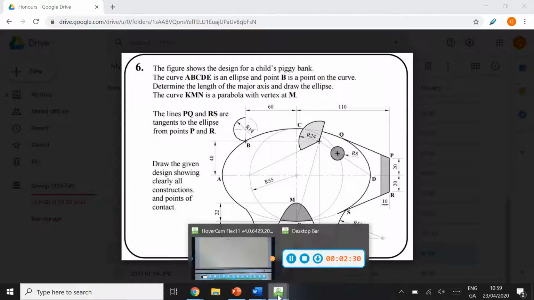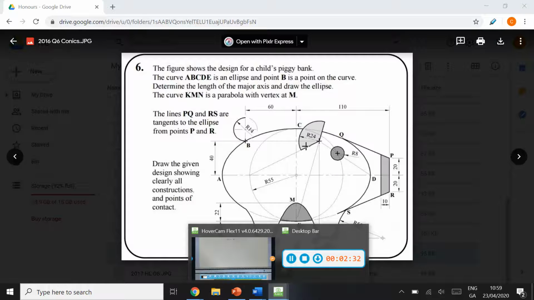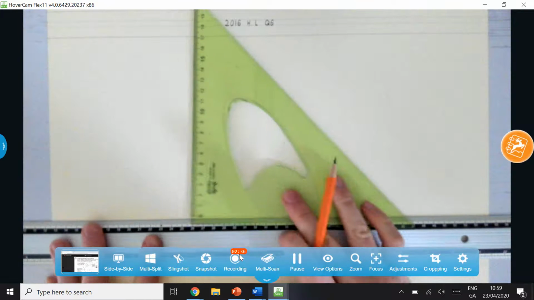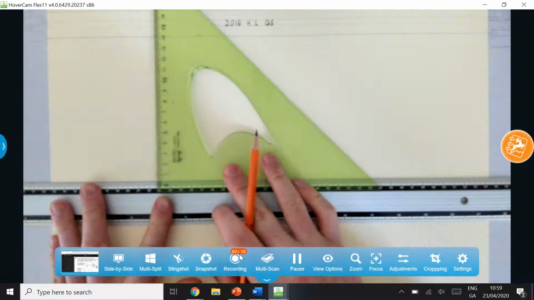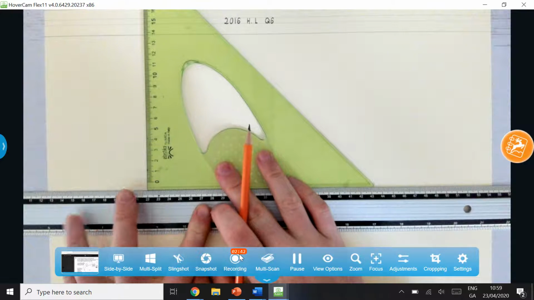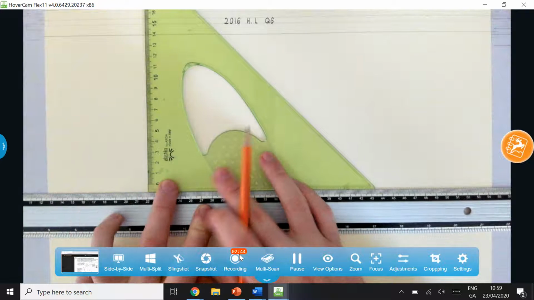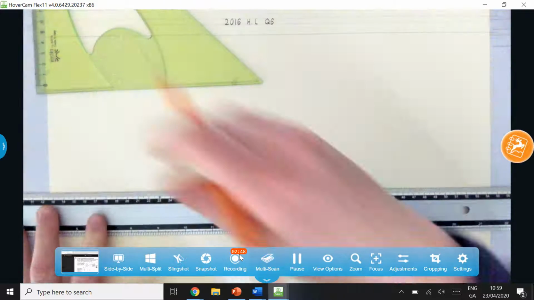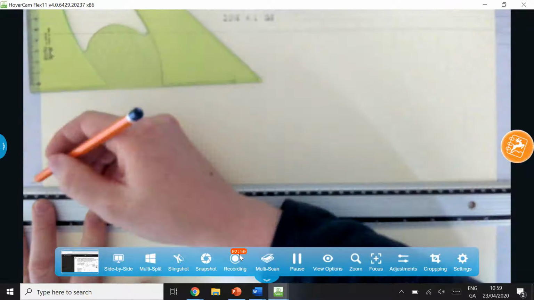Okay, so we're going to go over to our sheet here, and I'm going to start by coming down 140 mil, and drawing a construction line across the page.